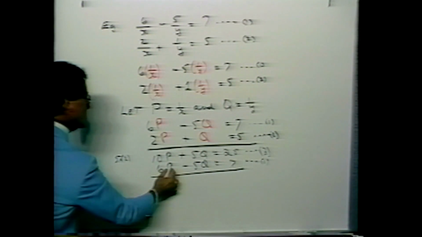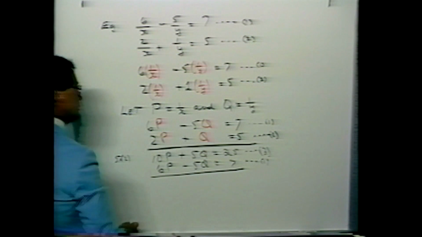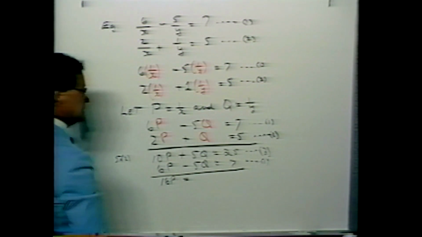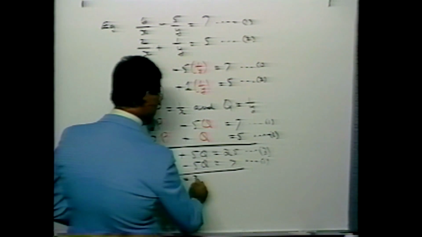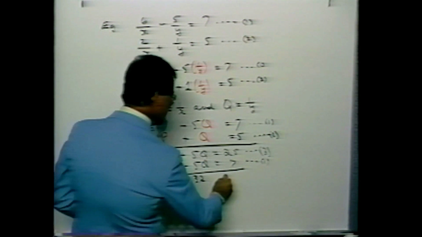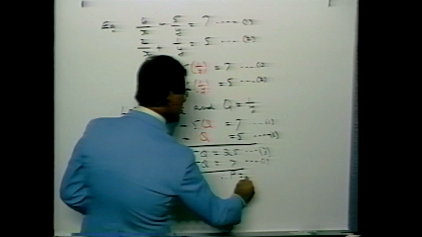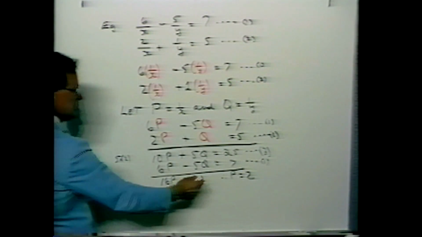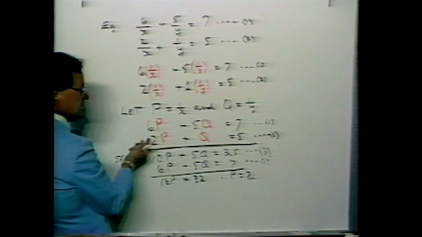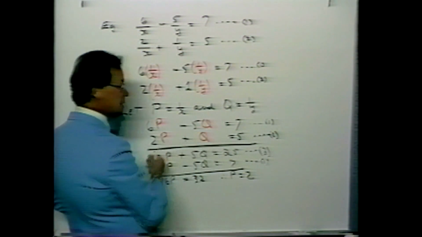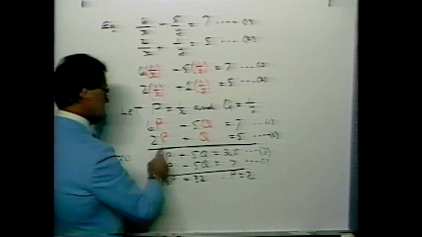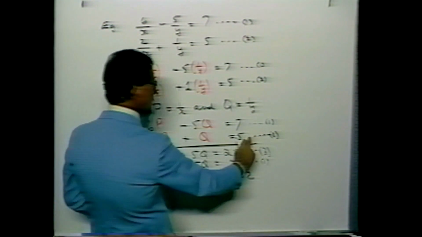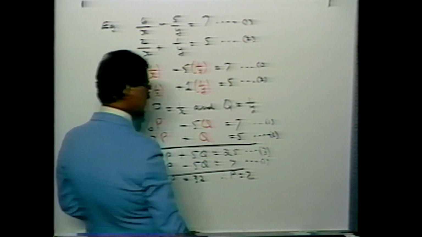When we add and eliminate q, 16p equals 32. Therefore, p is equal to 2. If we substitute p equal to 2 in equation 2, it seems to be the simplest one to use. If p is 2, this is 4. Subtract 4 here, q is equal to 1.